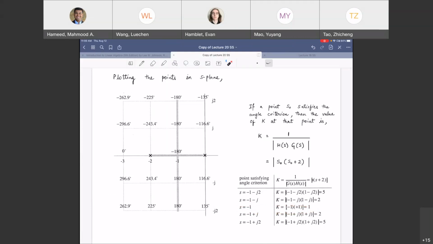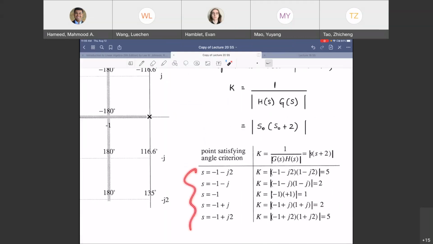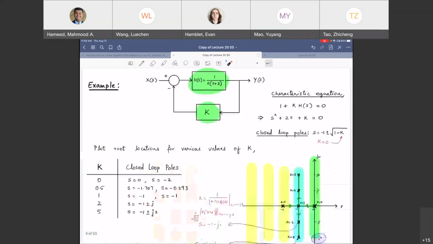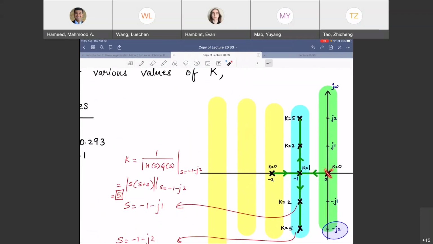And over here, we have just done it for the 5 points that satisfied our angle criteria. So these are on the root locus. We found out their k values. We started with 0. Over here it was 2, then 5 at the end. So again, it kind of maps the same here, right? Started at 0 over here, 1, they both met over here, then 2, they were here as complex conjugates, and at 5 it became underdamped.